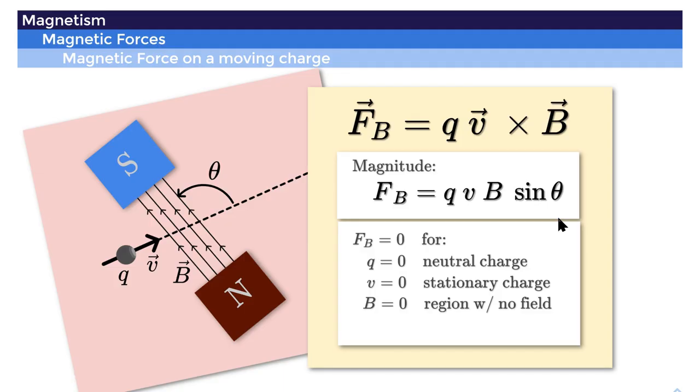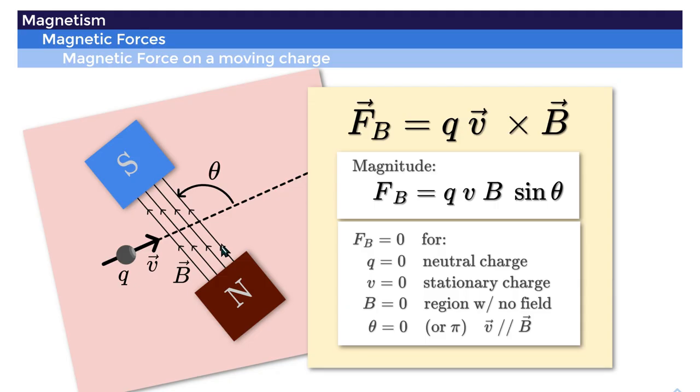And then the last situation, of course, has to do with the angle, because the sine theta itself could be zero when the angle is equal to zero or the angle is equal to pi. And that happens when the particle is either traveling along the same direction as the magnetic field or exactly in the opposite direction of the magnetic field. So the angle theta would be zero if the particle is traveling in the same direction as the magnetic field, or if the particle is traveling exactly in the opposite direction of the magnetic field, then theta would be 180.